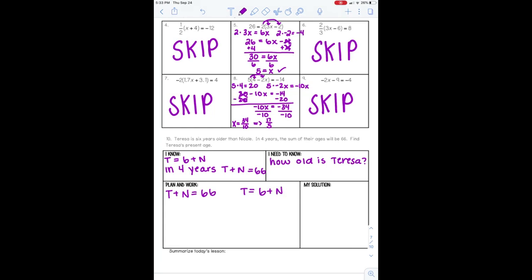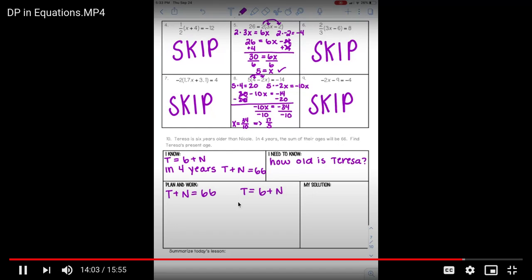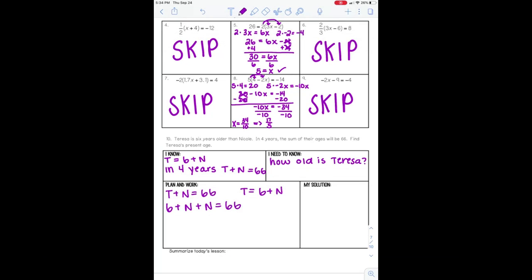So what I'm going to do is everywhere that I have a t, I'm going to swap out that t for 6 plus n. So I know that 6 plus n is going to equal 66 at some point. So 6 plus 2n equals 66.